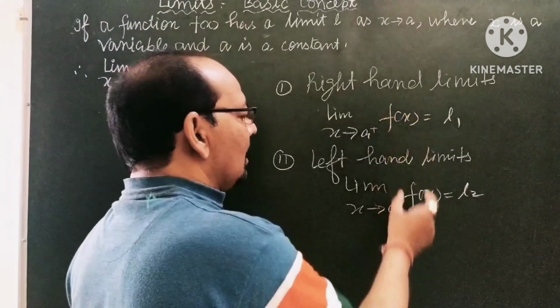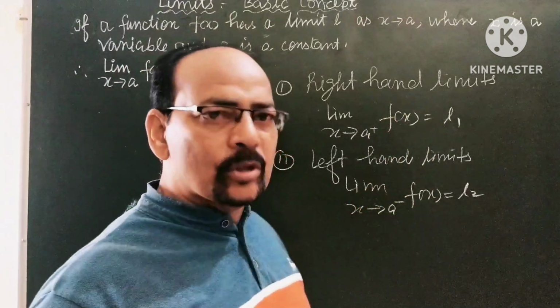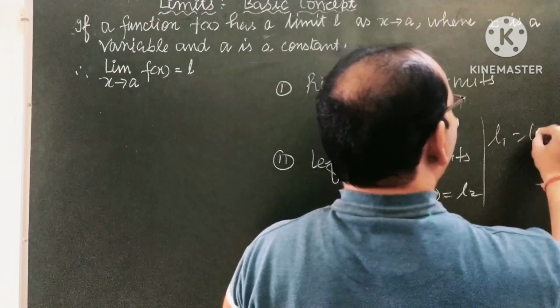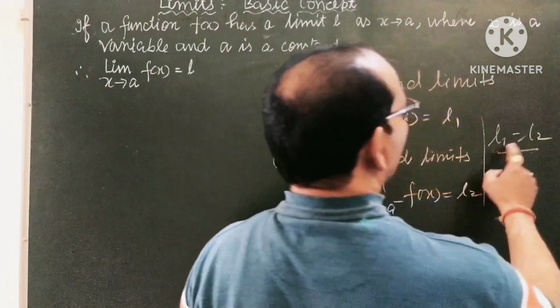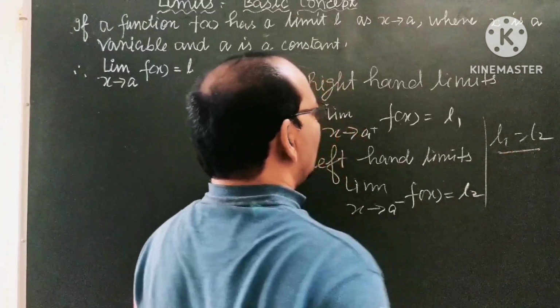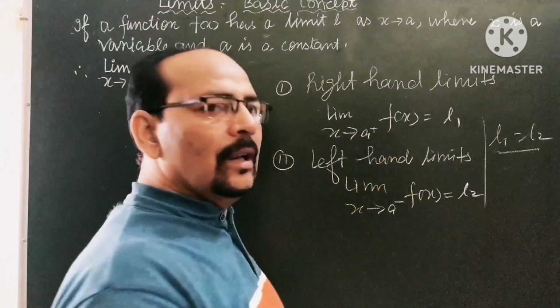If the right hand limit and left hand limit are both equal, therefore L1 equals L2, then both limits exist.